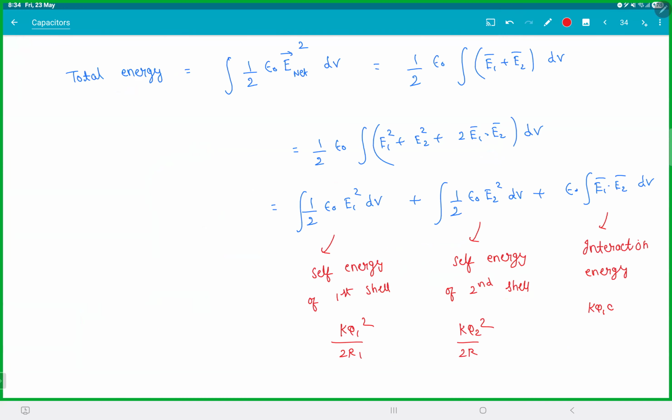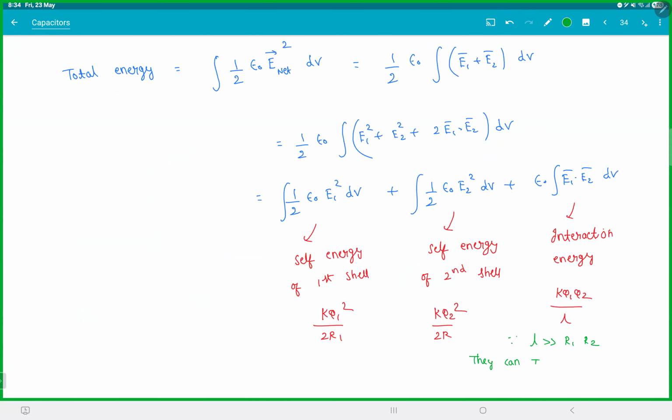This will be K Q1 Q2 by L. So epsilon integral E1 bar dot E2 bar dV is K Q1 Q2 by L. If you want the integral of E1 bar dot E2 bar dV, just shift that epsilon there and you get the answer.